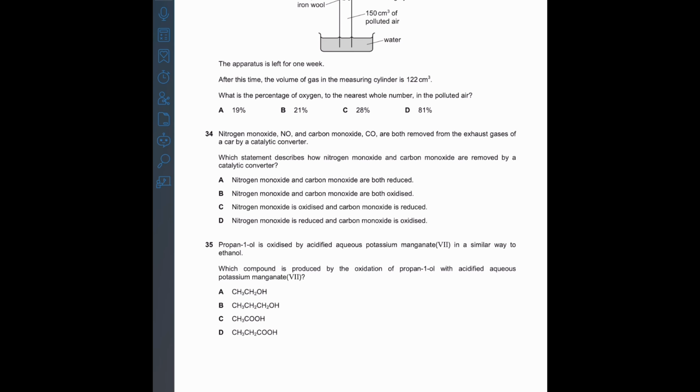We have to first recall that polluted air means it has carbon dioxide, carbon monoxide, methane, and all of the bad stuff that is bad for the atmosphere. Most of these require oxygen. They are either burnt in oxygen or they have oxygen in their molecule. That means the percentage of oxygen will decrease from its original value.